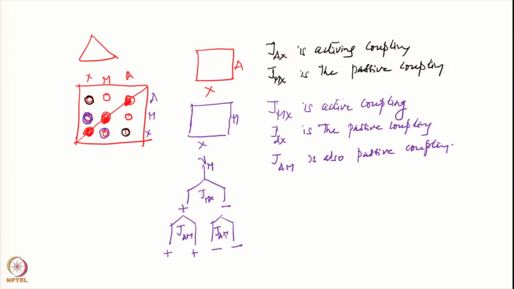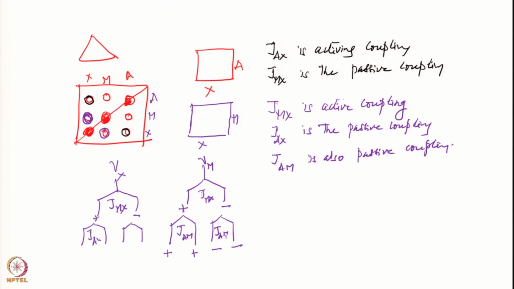Let me draw the same thing for X. Again I will draw here JMX is plus minus, because this is the active coupling. Now this will have a different coupling here, and what is this one here?